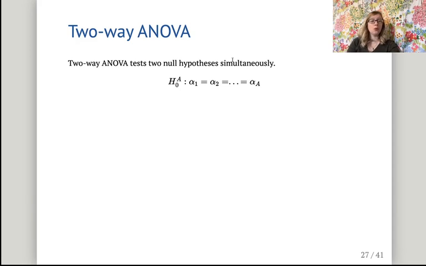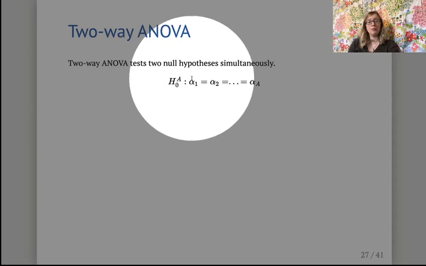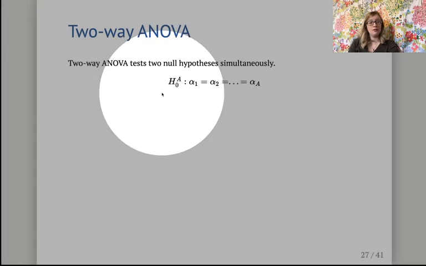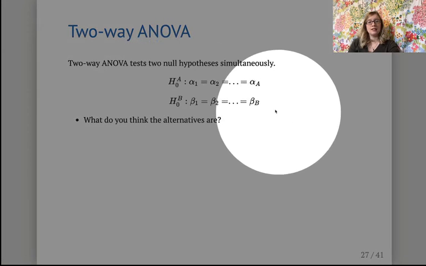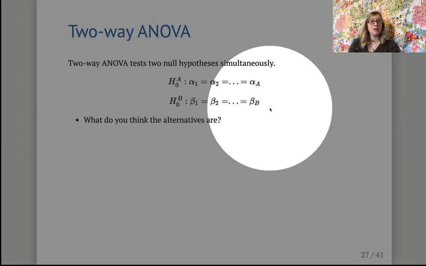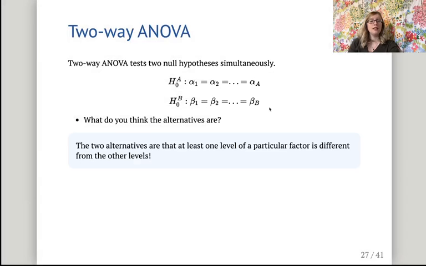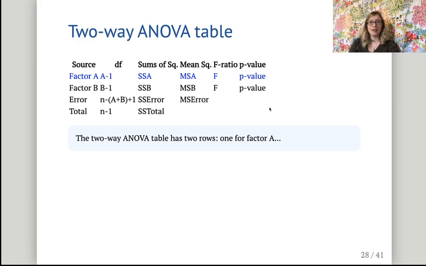When we fit a two-way ANOVA model, we're actually testing two null hypotheses simultaneously. So our first null hypothesis is that the group effects are all the same for factor A. Our second null hypothesis is that the group effects are all the same for factor B. The alternatives are that at least one level is different for A or B. The two-way ANOVA table then has two rows.